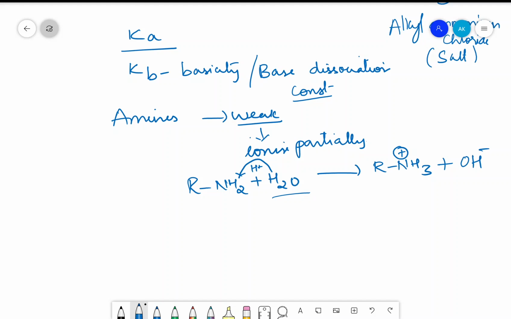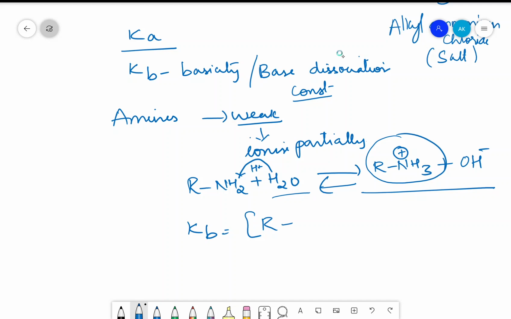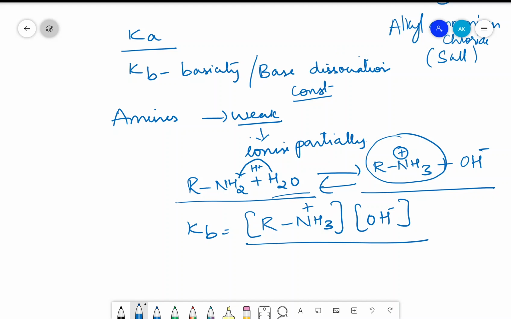So if this is a reversible reaction, the extent of ionization can be described with the help of a constant by the name Kb, that is the base constant, which is given by a formula where the concentration of the product side, that is in the ionized form, so I'm writing whatever we got on our product side, that is RNH3 plus and OH minus, divided by the unionized form, that is RNH2.